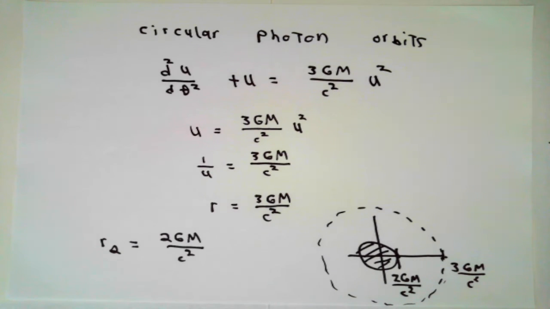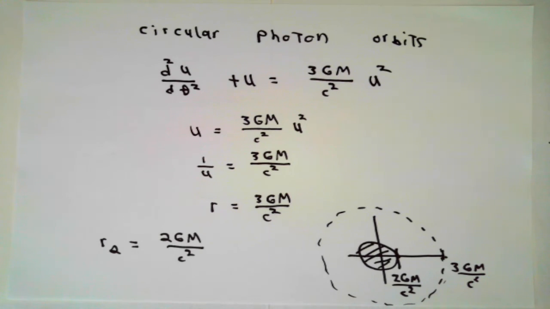If I was much further away in terms of the r coordinate from the middle of the picture than 3GM over c squared, then I would expect things to act in a Newtonian way. I could think of the photon as being an object that's moving extremely fast, so I expect to see hyperbola-like orbits if I start out a little bit further away than 3GM over c squared.